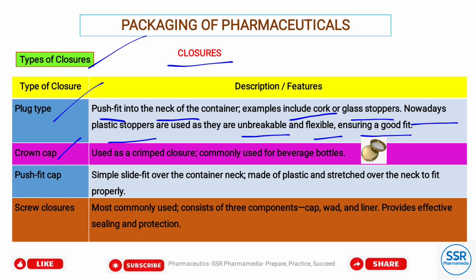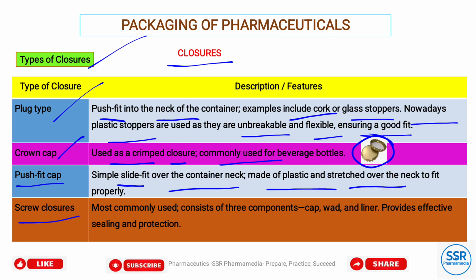The next type is the crown cap. It is used as a crimped closure, commonly used for beverage bottles like Coca-Cola, Pepsi, milkshake, etc. And the push fit cap is a simple slide fit over the container neck, made of plastic and stretched over the neck to fit properly.